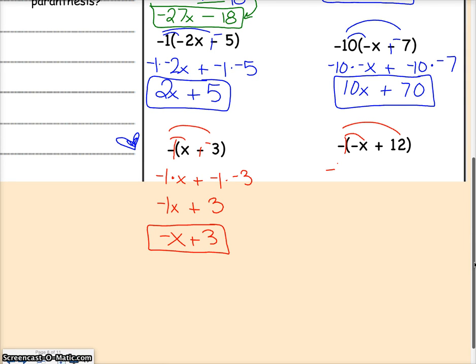And then it's negative 1 times negative x plus negative 1 times 12. Negative 1 times negative x is a positive 1x, plus negative 1 times 12 is a negative 12.